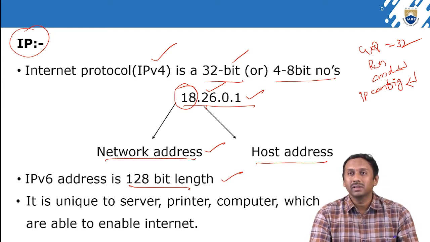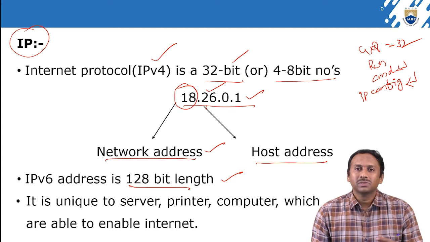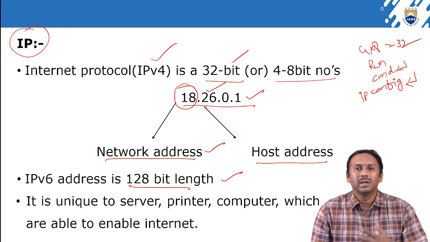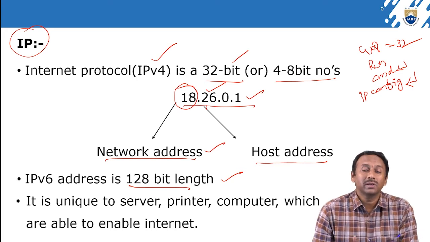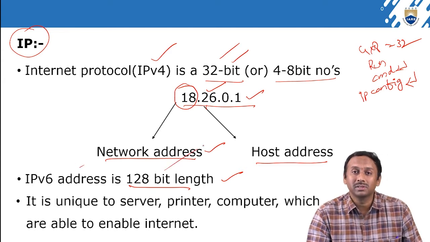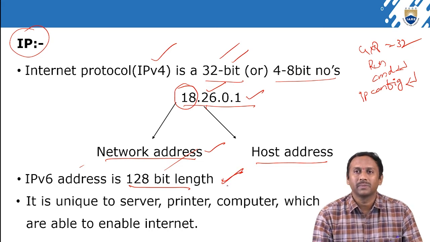Remember, as computer science students we might think that after 32 comes 64, that IPv4 is 32 bit and IPv6 is 64 bit, but that is wrong. IPv6 is a 128-bit address length.